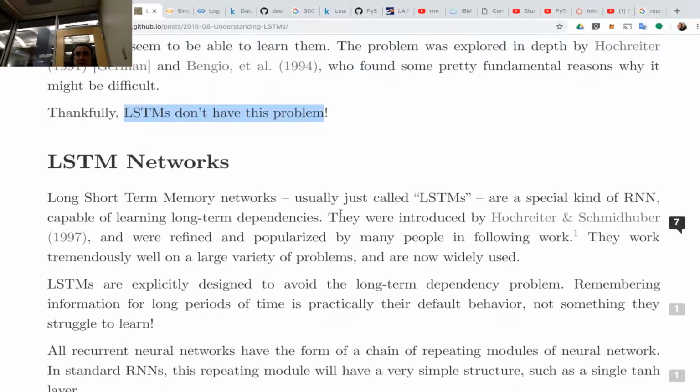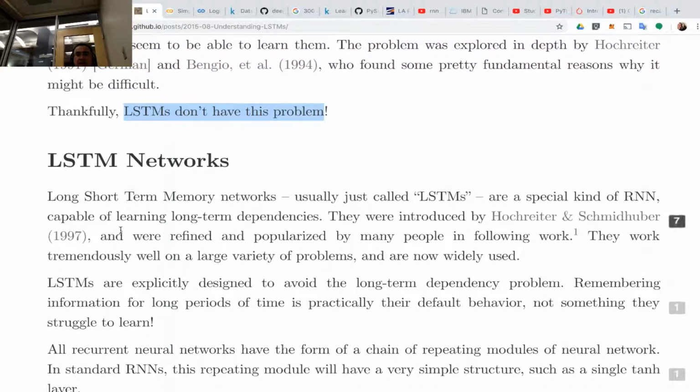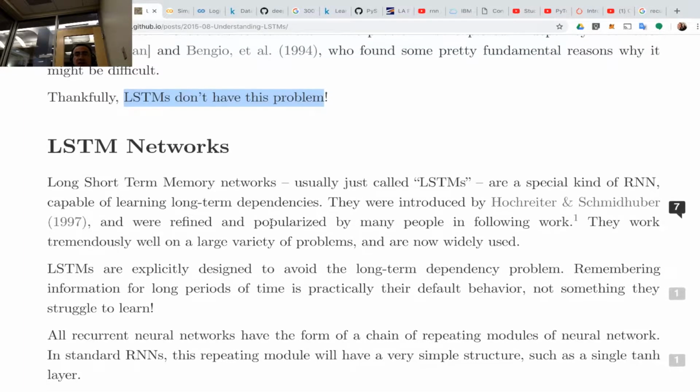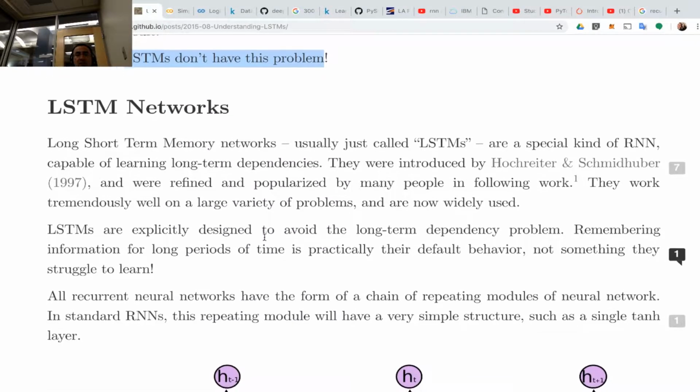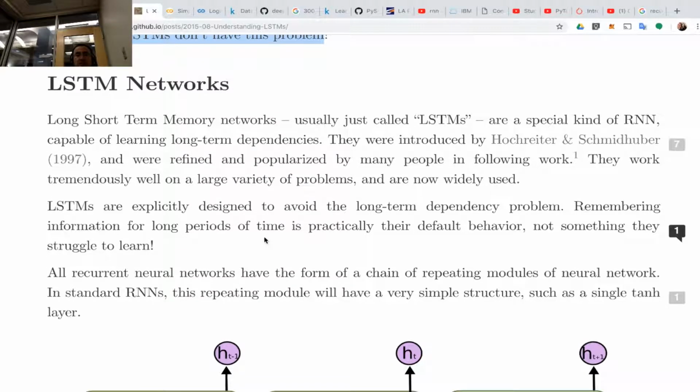For long-term, it is a special kind of RNN capable of learning long-term dependencies. They were introduced by Hochreiter and Schmidhuber in 1997, and were refined and popularized by many people in the following work. They work tremendously well on a large variety of problems and are now widely used.